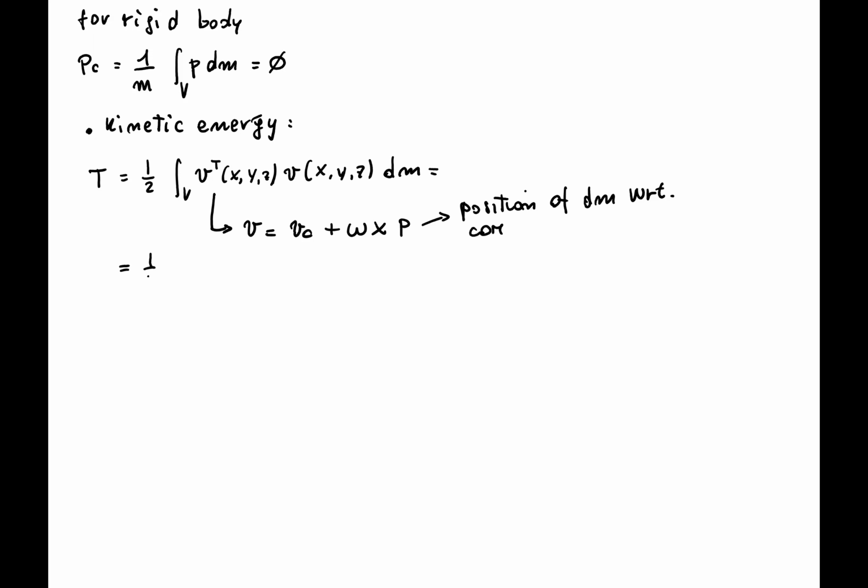We can write omega cross already as a skew symmetric matrix. We have a transpose here, because we have a transpose here.